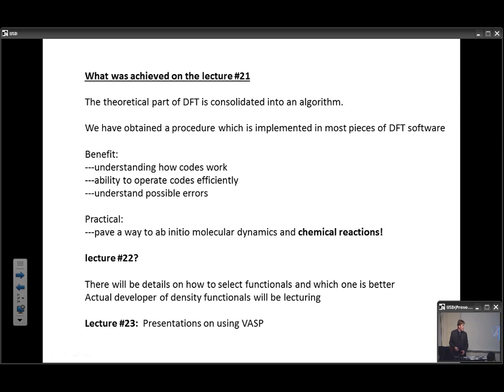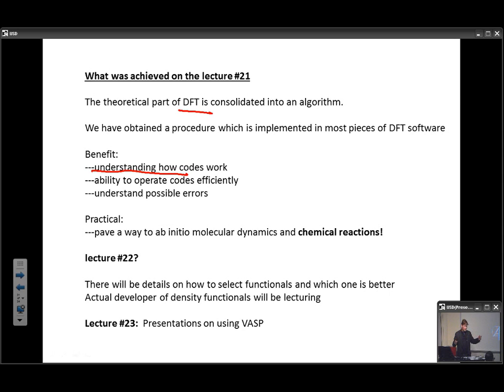So we did build the algorithm for encoding DFT and for optimizing geometry. It helps us to understand how codes are working. By understanding how they're working, we can operate codes more efficiently, and we can immediately recognize that probably one needs 2 tolerance limits.